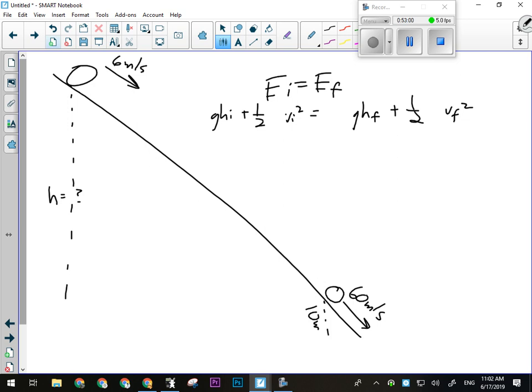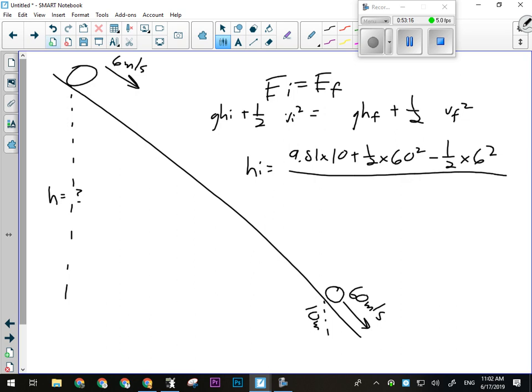So I'm going to subtract the 1/2 v initial squared and then divide by g. So I'll have h initial equals 9.81 times 10 plus 1/2 times 60 squared minus 1/2 times 6 squared, divided by 9.81.